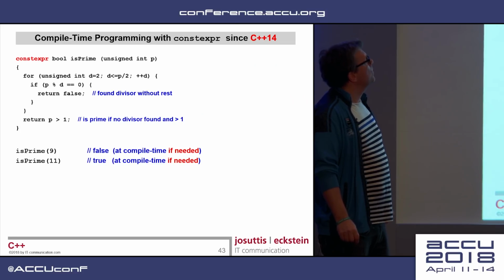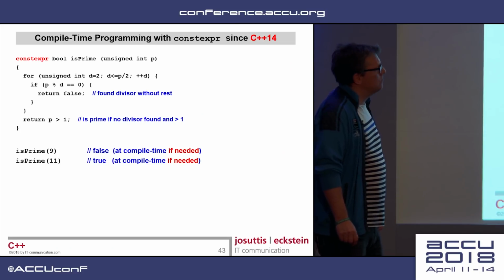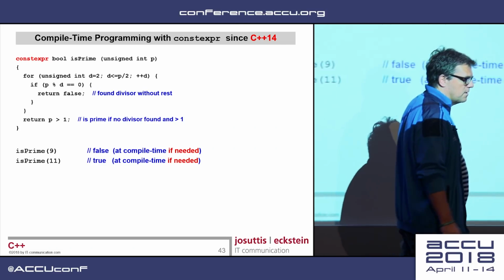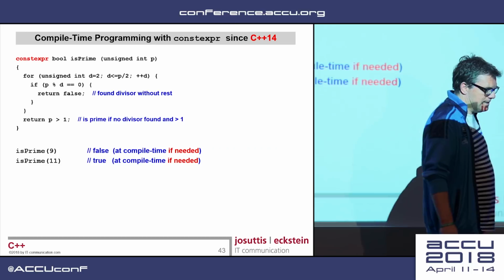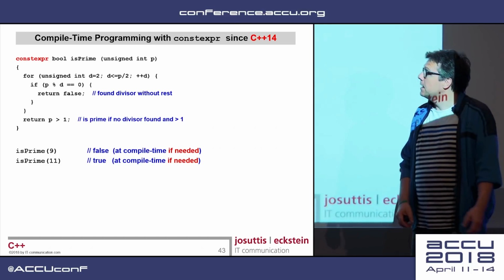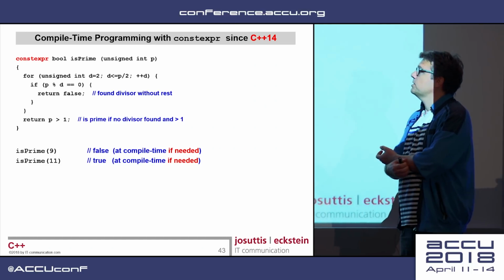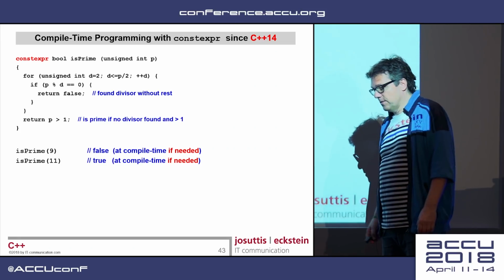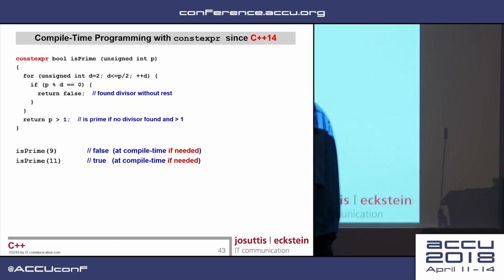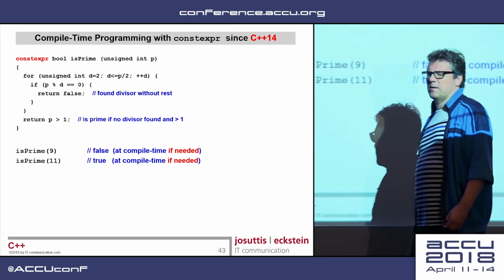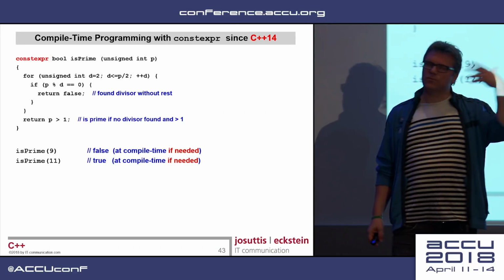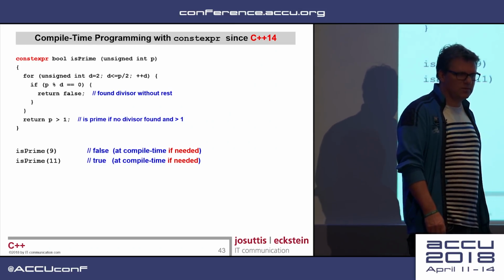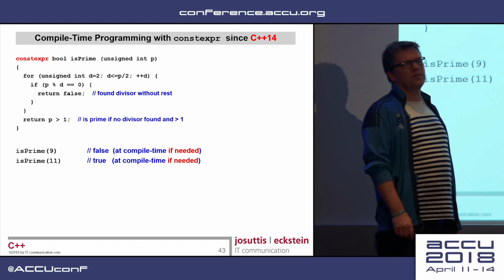Now we can use here more or less everything that's supported at compile time. So control structures, especially multiple statements, multiple return statements, etc. What is not supported is something like new, delete, virtual, static. goto is not supported.